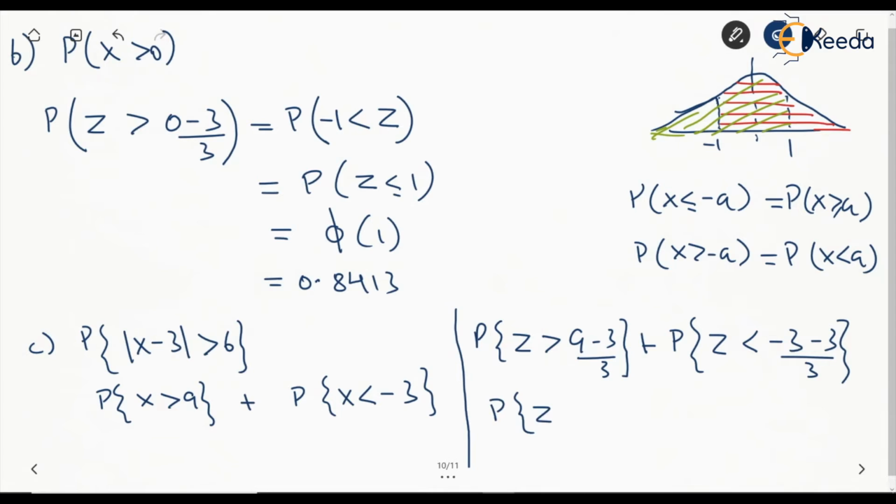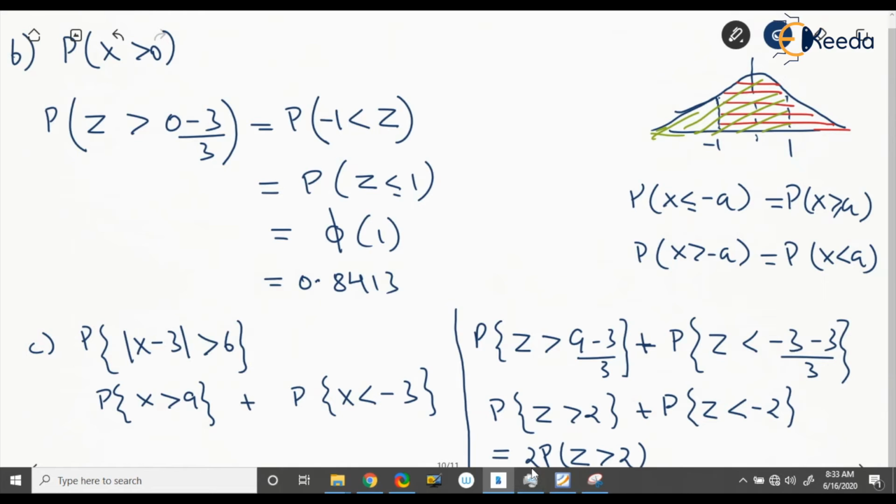This is z greater than 6 by 3, that is greater than 2, and this is z less than minus 2. Fine. So we know both these values. Now we have seen probability that z is greater than 2 is same as probability that z is less than minus 2. So can we directly write this as 2 times probability that z is greater than 2?